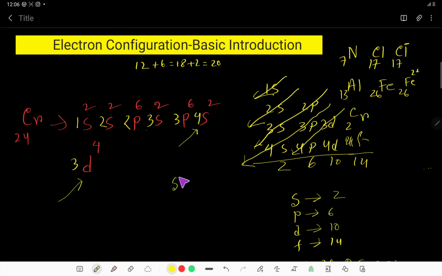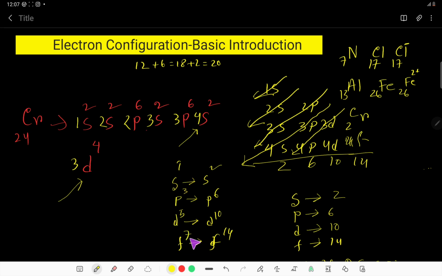So you know that the s sublevel can take a maximum of 2, right? And half of 2 is 1. The p sublevel can take a maximum of 6, and half of 6 is 3. The d sublevel can take a maximum of 10, and half of 10 equals 5. The f sublevel can take a maximum of 14, and half of 14 is 7.